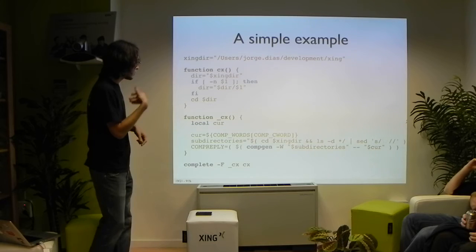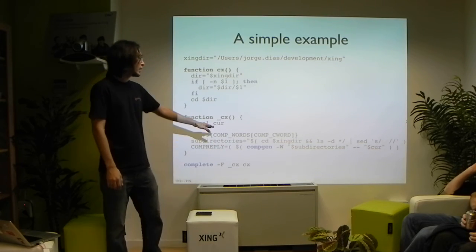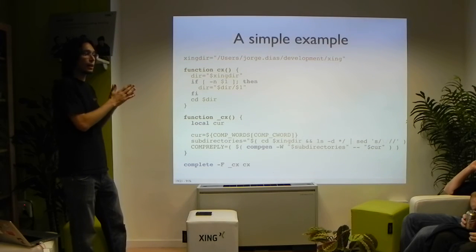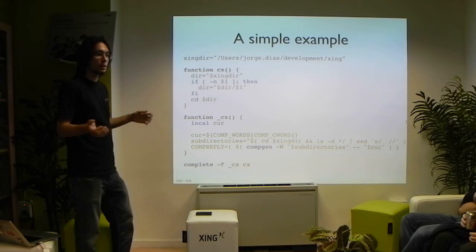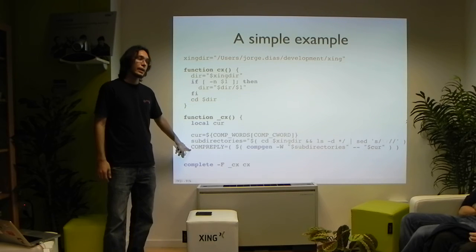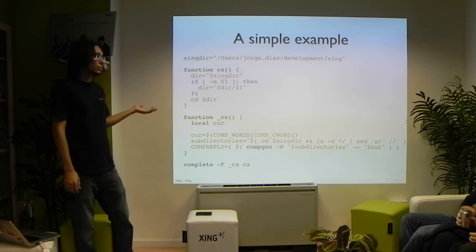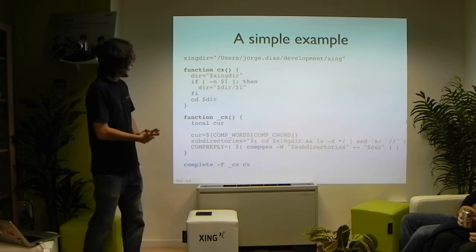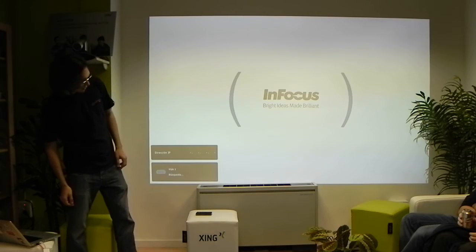And then there's another command called compgen. To compgen you pass a word list, a space-separated list of words, and it will automatically generate something that the auto-completion can use. And then I set it on COMPREPLY. COMPREPLY is where you give all the possible options that you can have, no? And this is like, whoop.